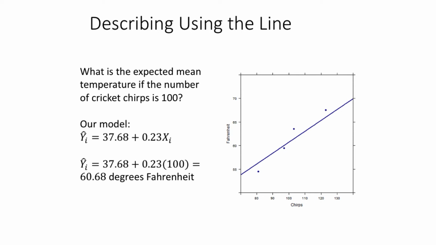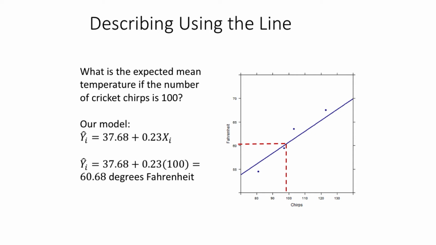All you do is plug in a value of x equal to 100, and you multiply 100 times the slope plus the intercept. And with that calculation, we find that when x equals 100, you can go up to the line, and then you look over at the value of y. That is 60.68 degrees Fahrenheit.